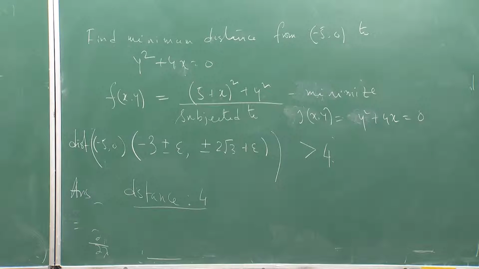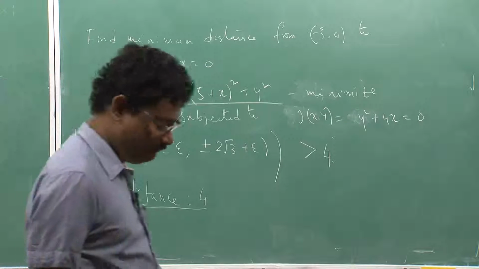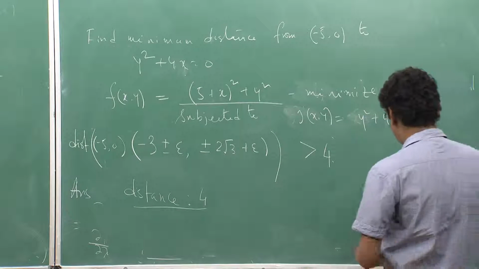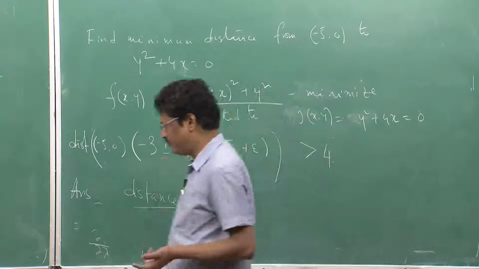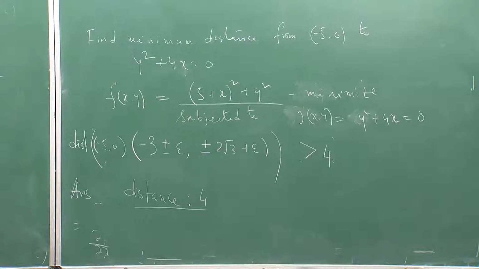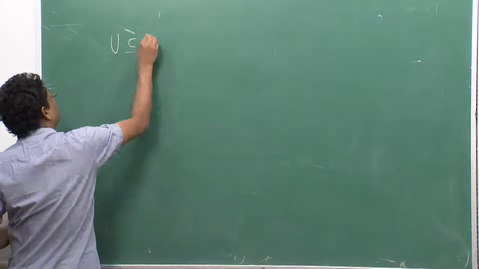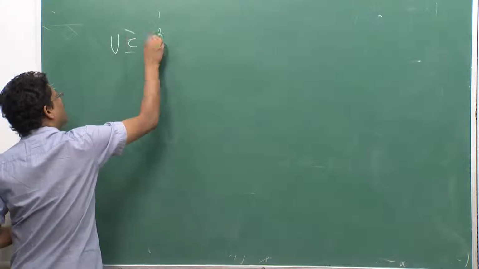I have illustrated it for a function of 2 variables. Now, what will we do if I have a function of more than 2 variables? Suppose I have the problem, instead of R2 I have R3.